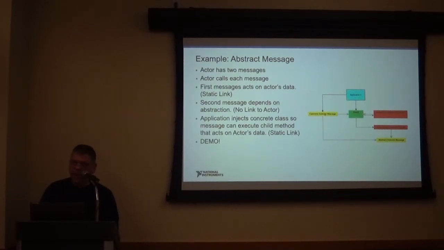But then we actually inject the concrete execution into the application, so that when it really runs, it's going to use this code and not this code. So the message thinks it's calling this code, but because we've said at runtime to use this one, it's going to run here. And this is the one that's tied to this.